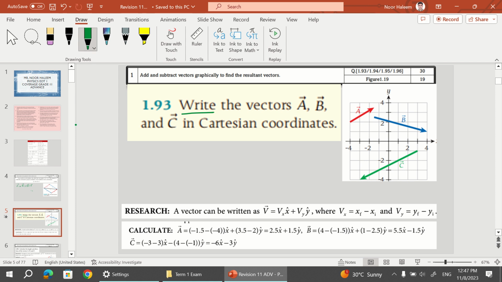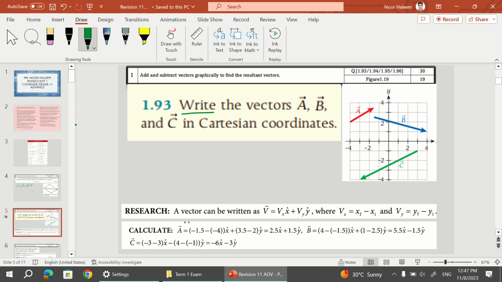Understood? For example, this will be the initial point. The tail is always the initial point. This will be the final point. So you can say x1, y1 and x2, y2. Understood? So if you want to find out the length, then what will be the procedure? x2 minus x1, comma y2 minus y1. Okay, for example, any vector can be represented in a two-dimensional plane.